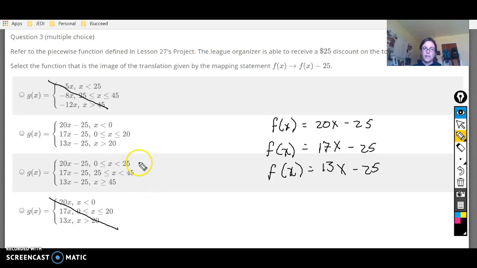From lesson 27, we were going to pay 20x for 0 to 25 shirts, 17x for 25 to 45, and 13x for x greater than 45. So this g(x) here contains not only our new function, which was our old function minus 25, but it also has the right subdomains.